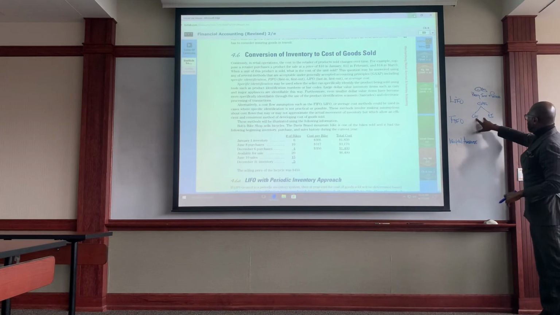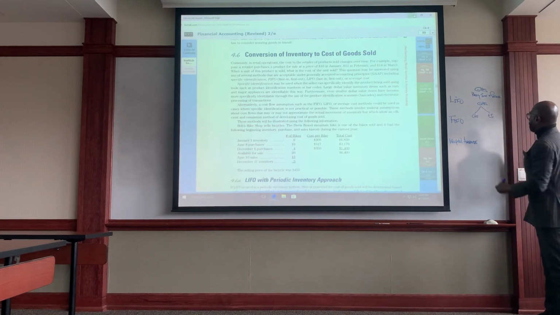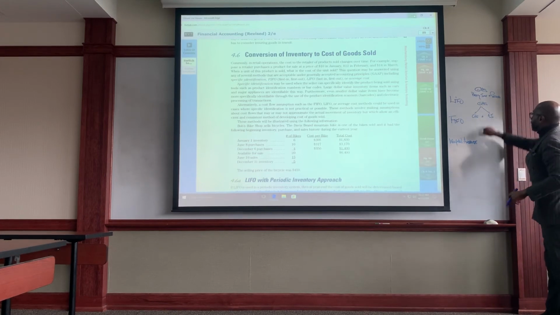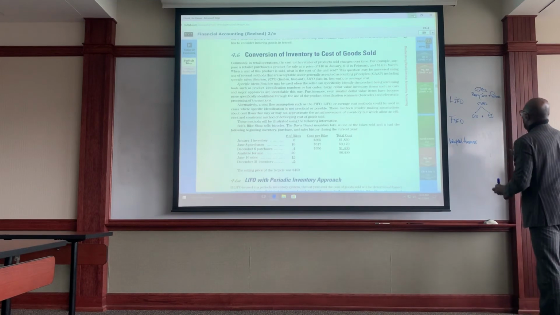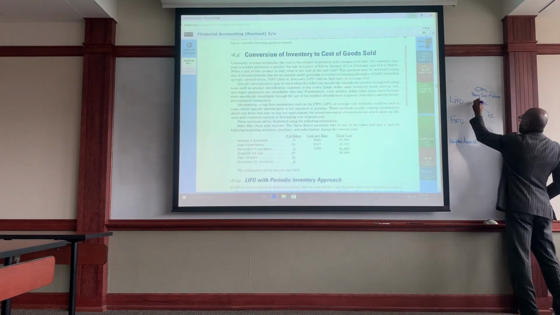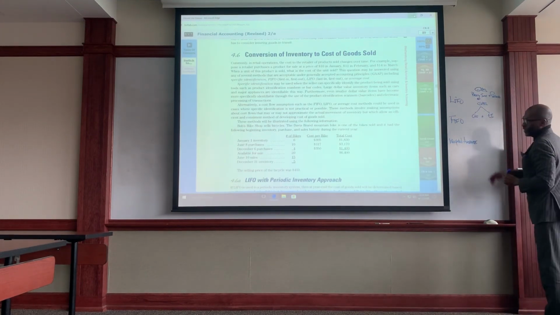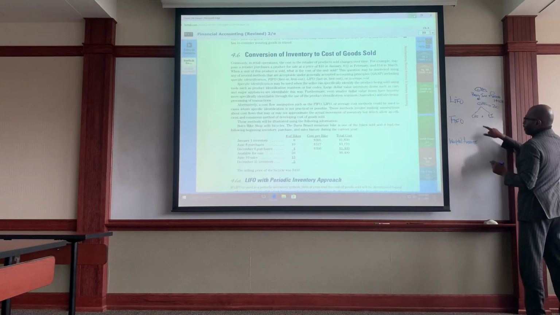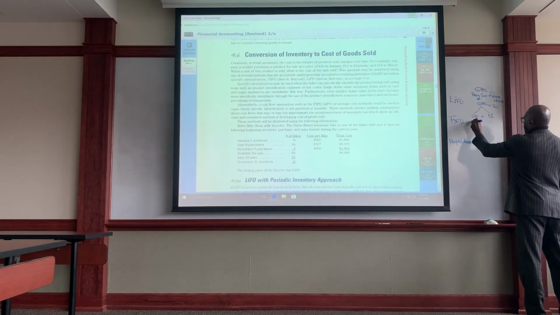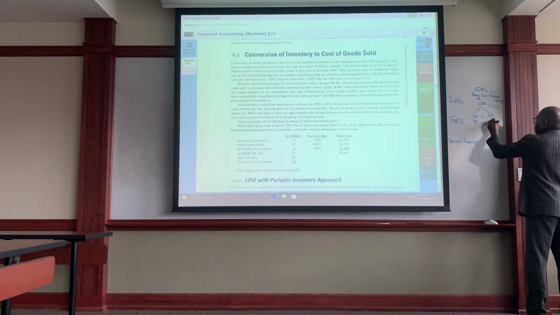So if you add these two together, you're going to get goods available for sale. Let's look at this problem. My beginning inventory was 6 units, and my purchases represent 14 units, and I got 20. Therefore, my 20 here represent what was sold, which was 15, and what's left, which is 5.